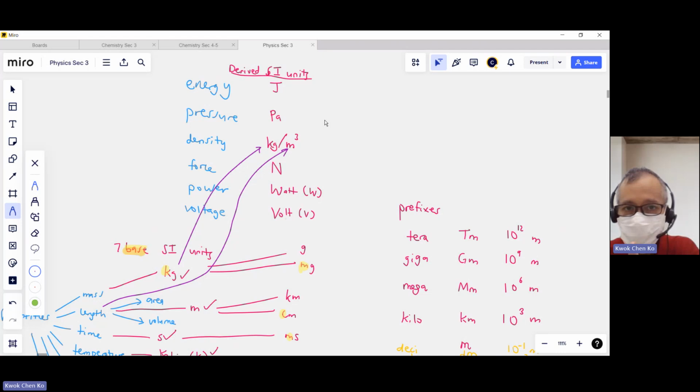So basically, even though they are SI units, they are derived from the base units, a combination of them.